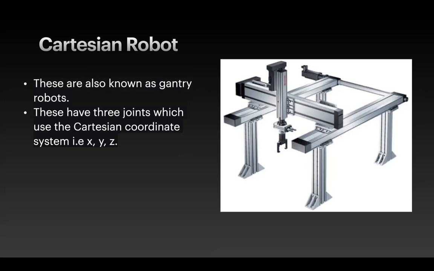We can call them X, Y, and Z. Likewise, a robot can move to the left or right, front or back, up or down. A Cartesian robot is a robot which can move in X, Y, and Z planes, and we will learn more in the coming sessions.